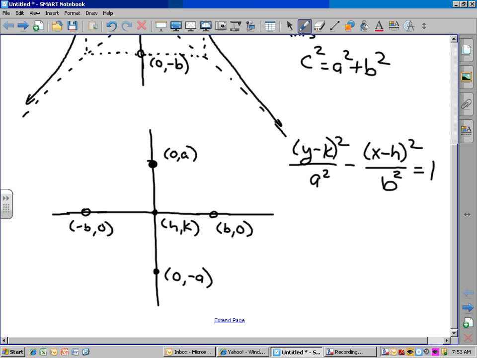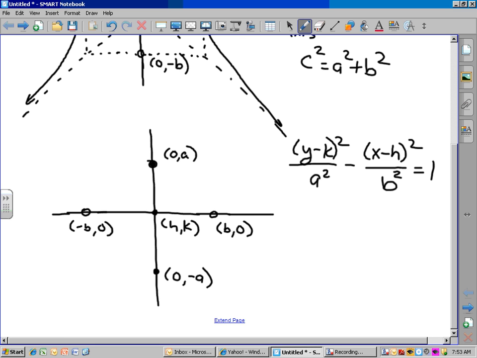So notice that the a and the b don't move. The x and the y switch places. So whatever comes first is what you're going to call your transverse axis, and that's where we're going to draw the hyperbola.